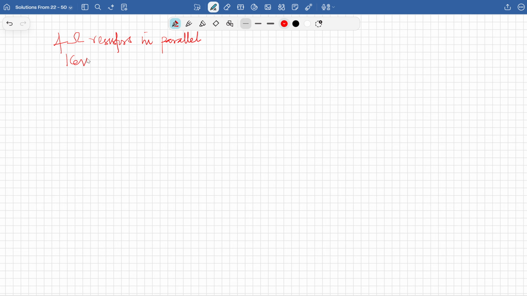I have 16 volts potential difference. Yes, this is three 4-ohm resistors. Let me just write it in words. So three 4-ohm resistors in parallel.